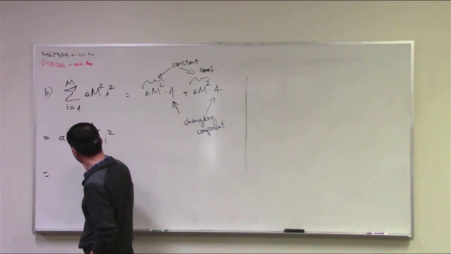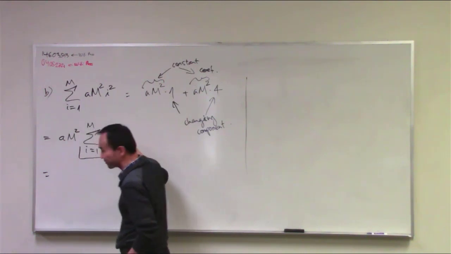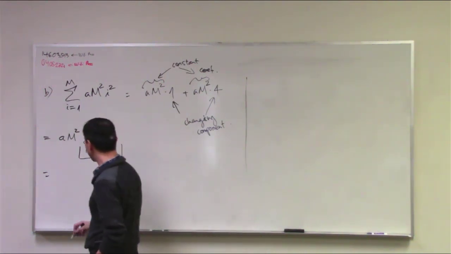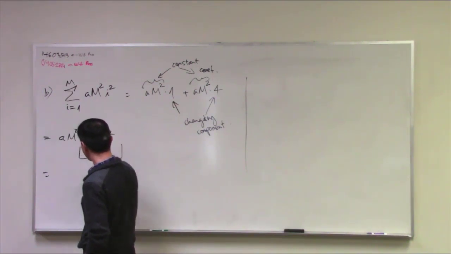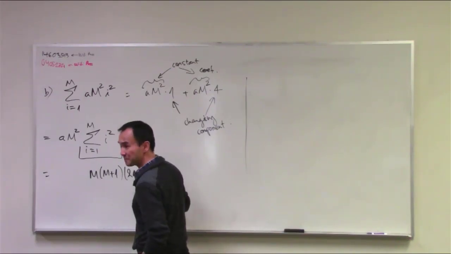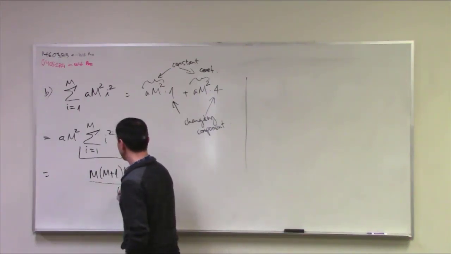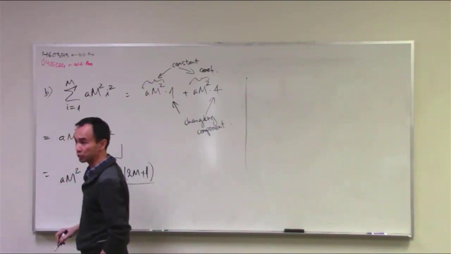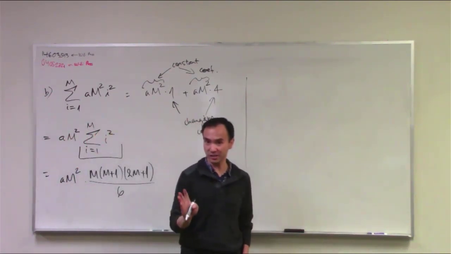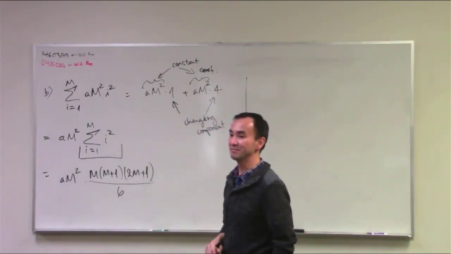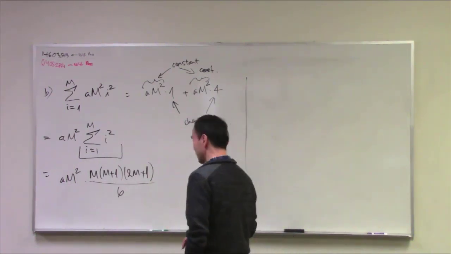The main thing now is that we're going to handle this summation of the i squared with the formula we already plotted, that general expression. For that summation, it turns into m times m plus 1 times 2m plus 1. You guys agree? Over 6. But don't forget, we have to multiply by that coefficient am squared in front as well. So that's the general expression we're talking about, in terms of m and a at the end.